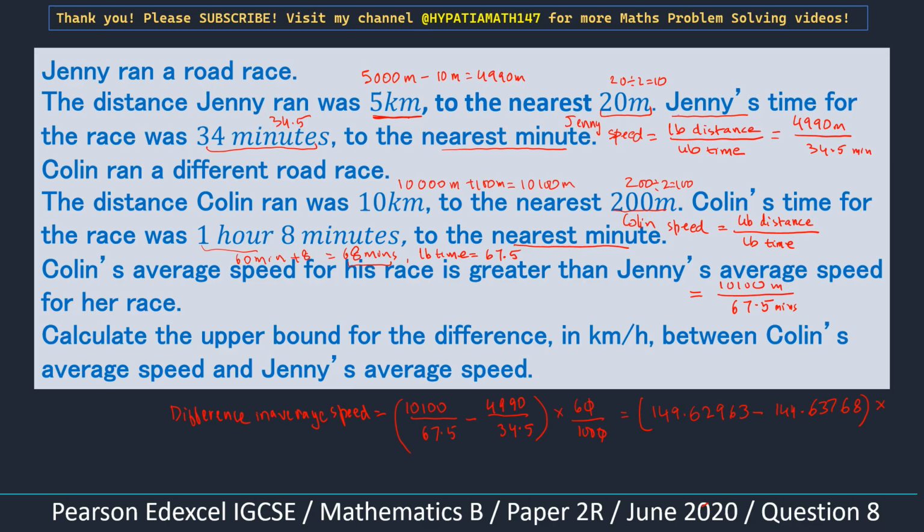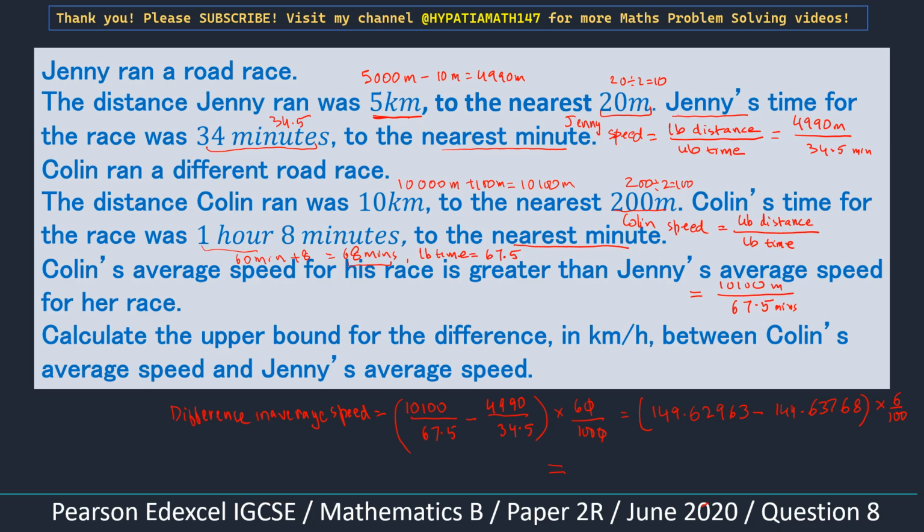And then I have to multiply it with 6 out of 100. So that gives me 149.62963 minus 144.63768, and that gives you 4.9915.